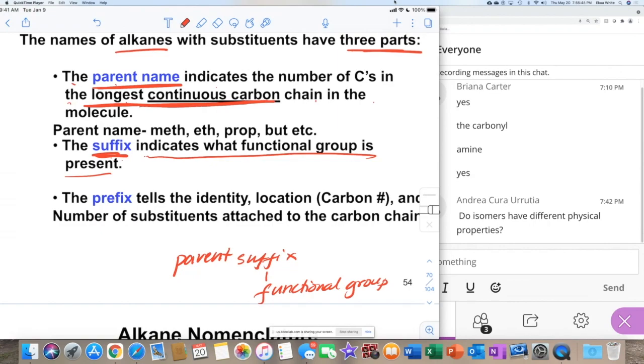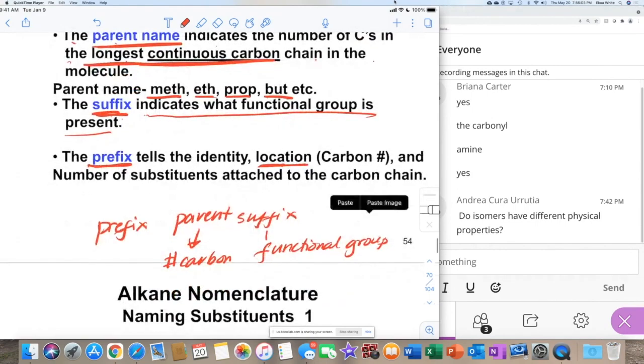The parent name has to do with the number of carbons, for example, meth, eth, prop, but. This one here is number of carbons. And then we have a prefix. The prefix part of the name identifies the location and the carbon number of any side groups we may have. So this is the side groups.